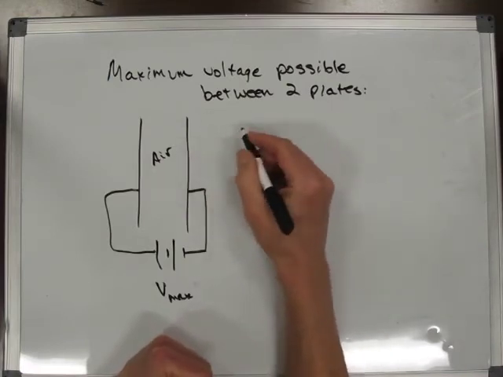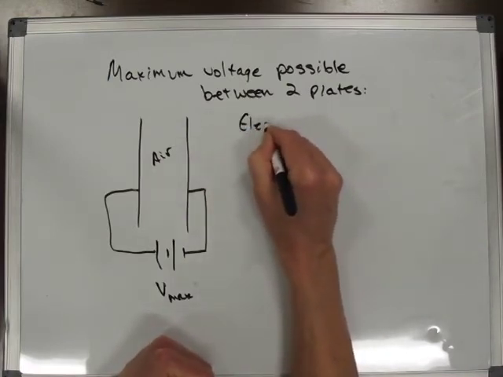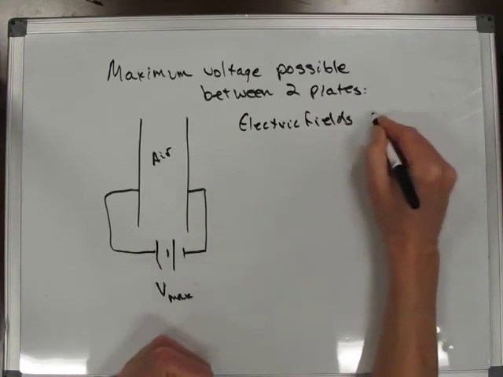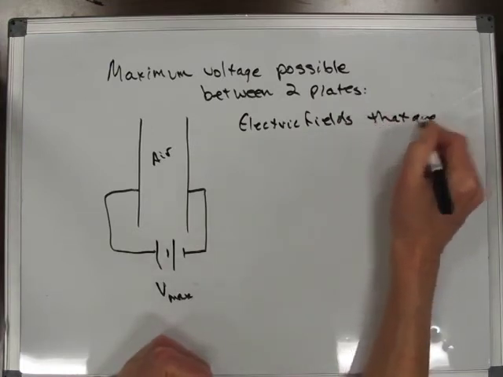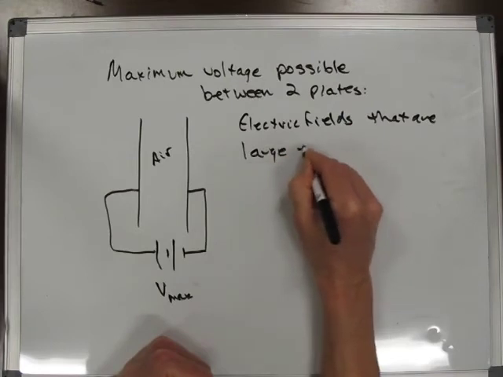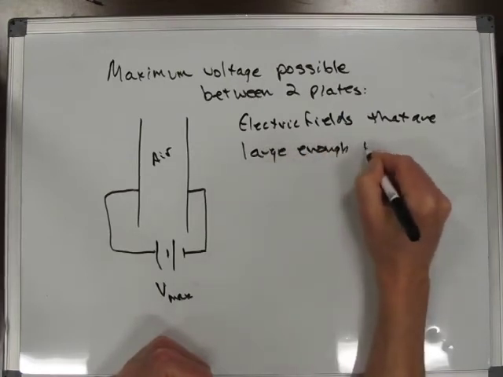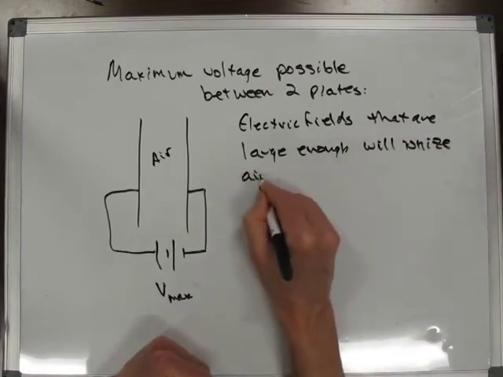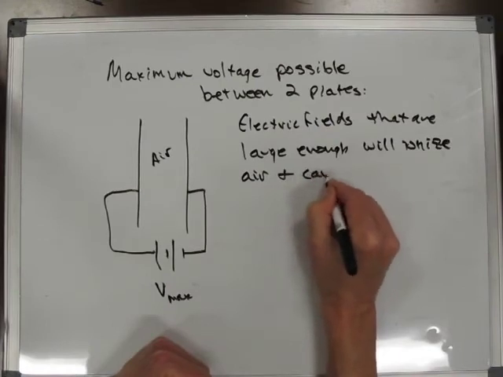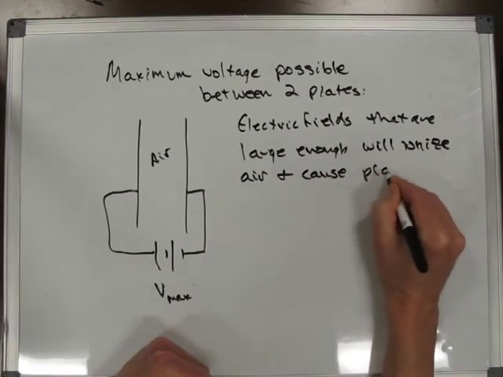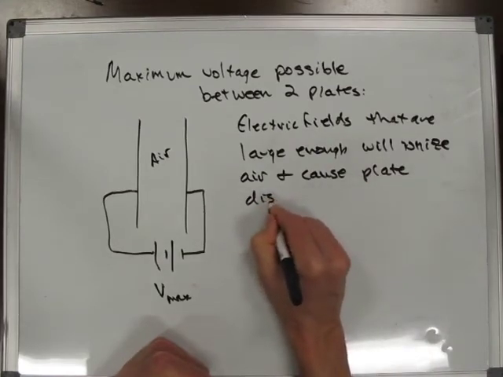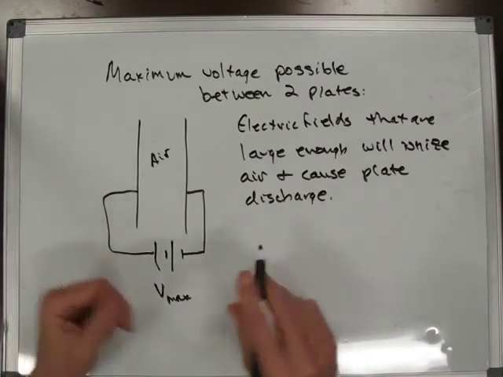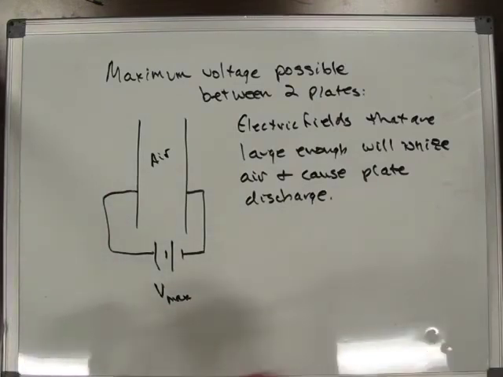And it turns out that electric fields that are large enough will cause charge to flow across the plates.